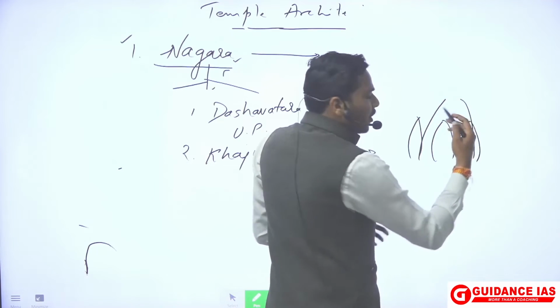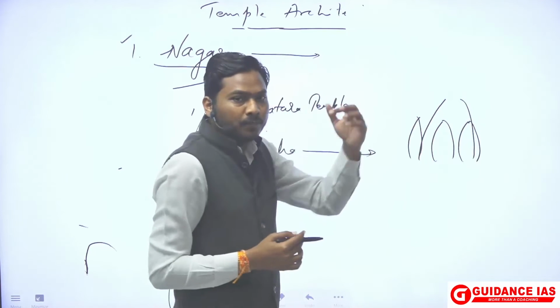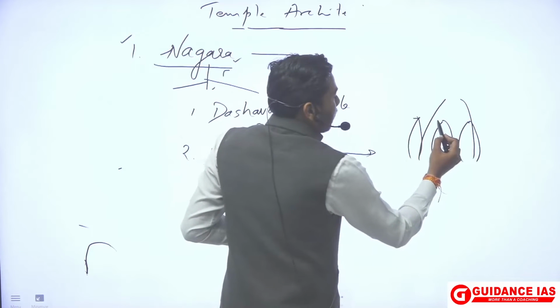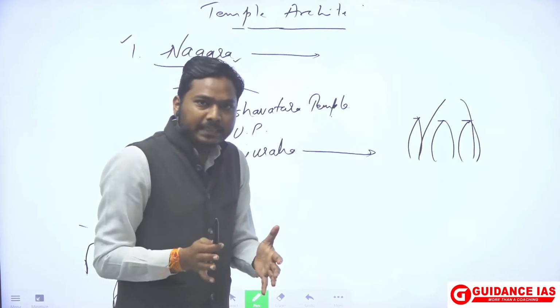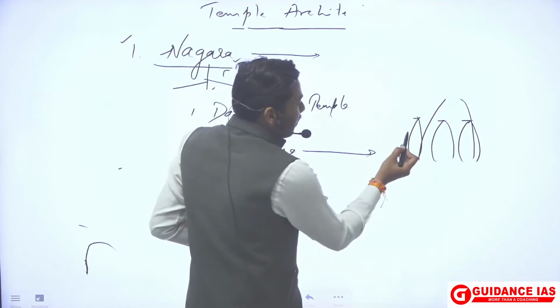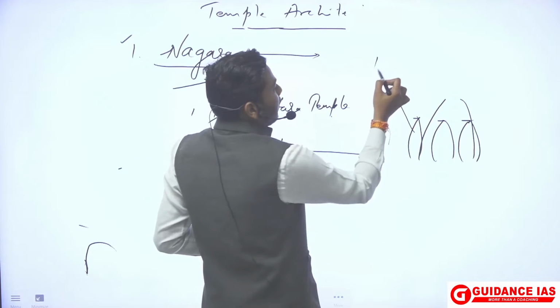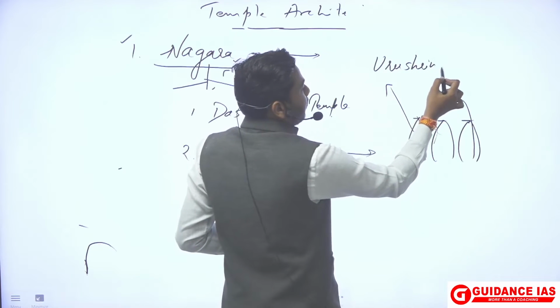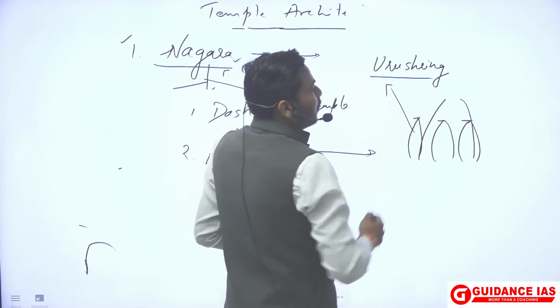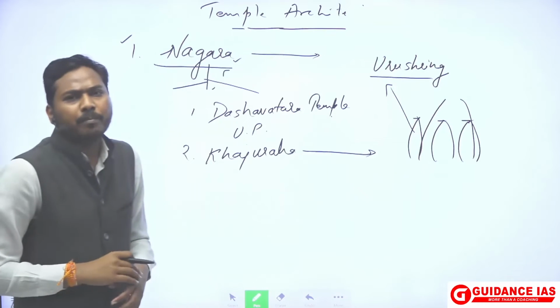But the main shikhar remains the tallest. Clear? And when multiple shikhars are constructed within the same temple, this particular style is called Uru Shring. The best example of this Urushring is the Khajuraho Temple.